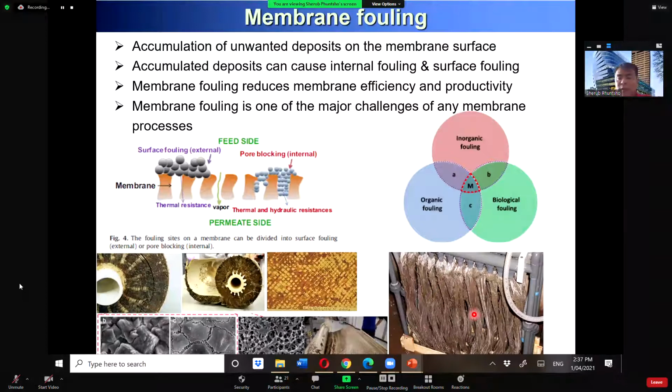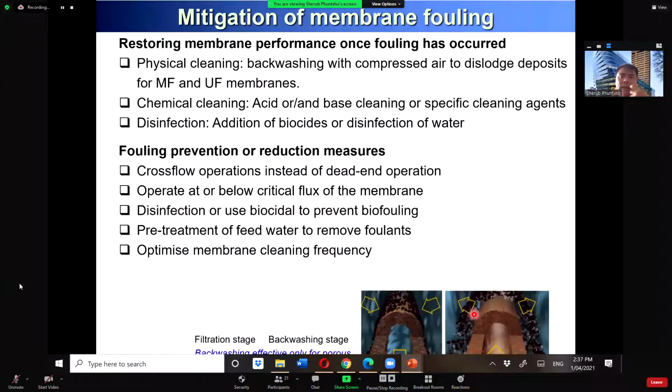This is one of the challenges of the membrane process. But it's natural. You can't really avoid it, because when you treat, something has to deposit on the membrane, right? We are trying to remove the organic pollution that caused the water pollution problem, and when filtering, it has to remain somewhere. That is the challenge we call membrane fouling.